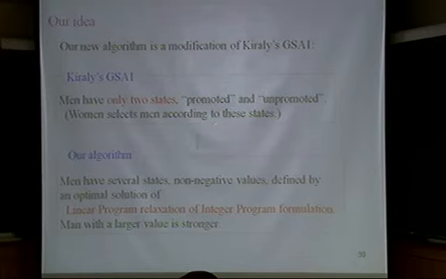And we extended it, so that instead of just 0 or 1, just 1 bit, we use values to show the strength of each man. For that purpose, we use the integer programming formulation of the stable marriage problem and its linear programming relaxation. And a man with a larger value is stronger.